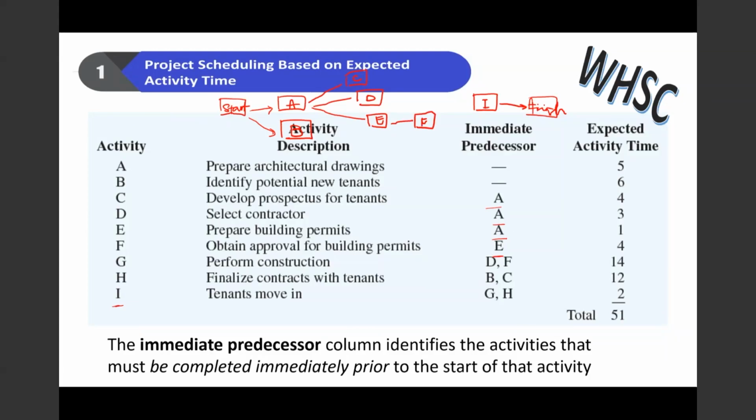Activity G, predecessor is D and F. So D and F go to G. Activity H, predecessor is B and C. So we have B and C. H is B and C. I'm just trying to see how I can draw this.